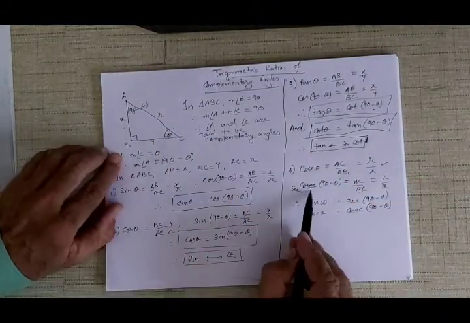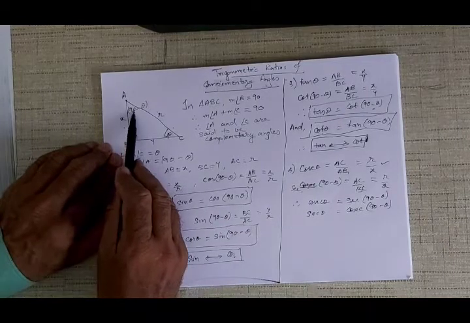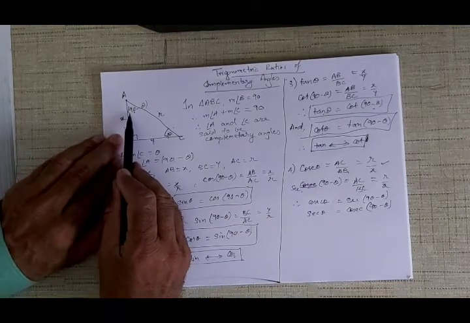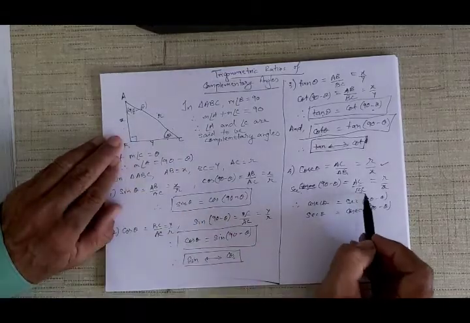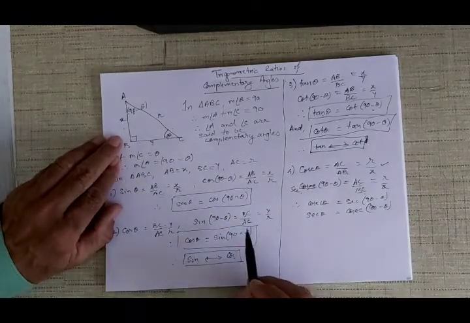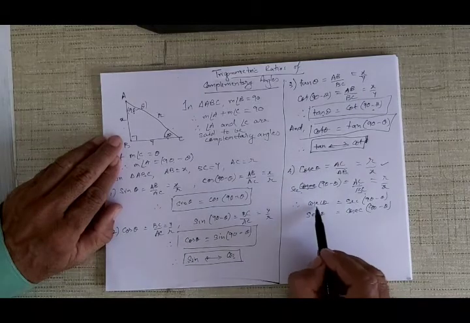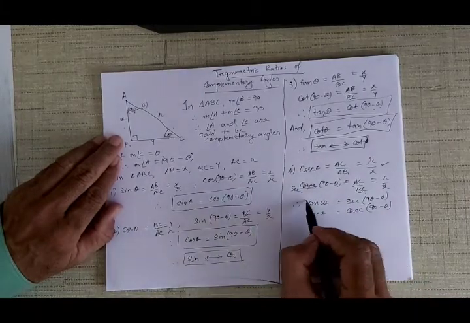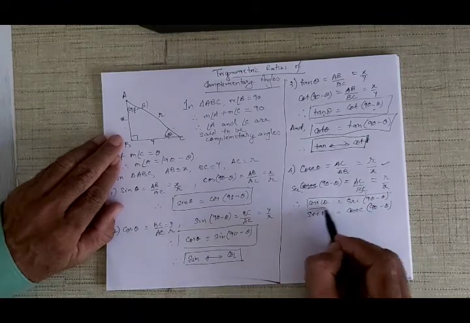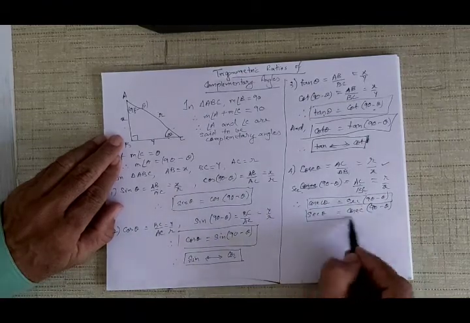Now if I take sec(90 minus theta), it will be hypotenuse upon adjacent, AC upon BC, R upon X. So cosec theta is equal to sec(90 minus theta). Similarly, sec theta will be cosec(90 minus theta). I'll put this in a block again.